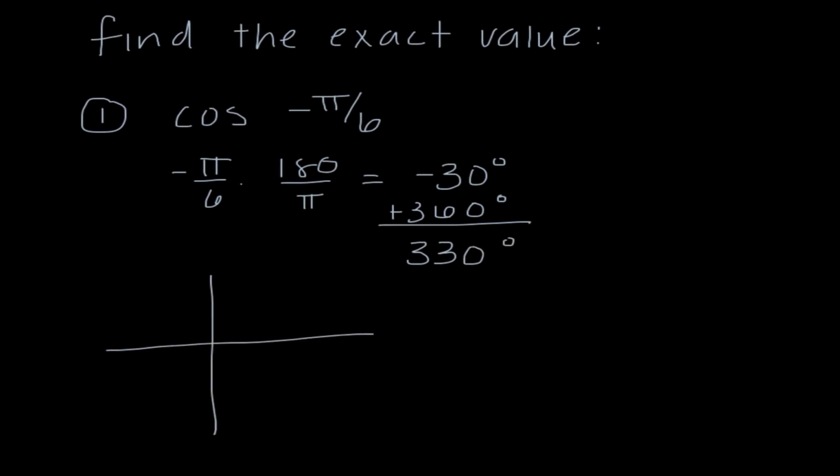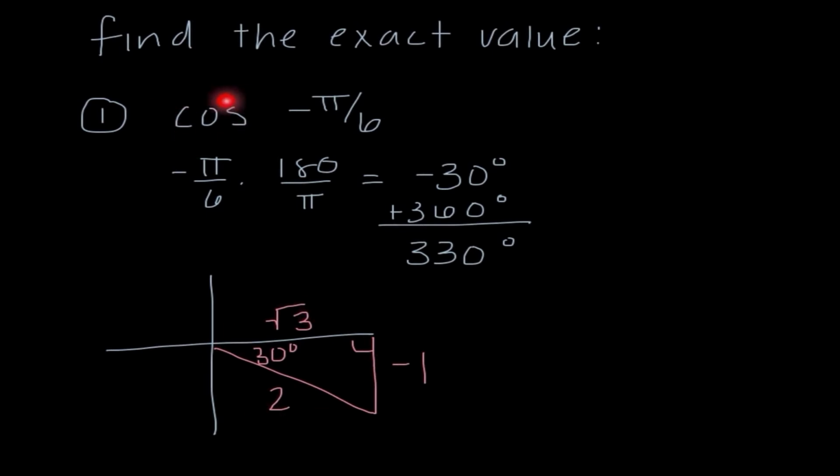So if I'm drawing this out, I know that that is in quadrant 4, and it is 30 degrees away from the x-axis. I know my special triangle tells me opposite from 30 would be negative 1, my adjacent side would be radical 3, and my hypotenuse would be 2. So this is definitely one of those two triangles we need to have memorized.